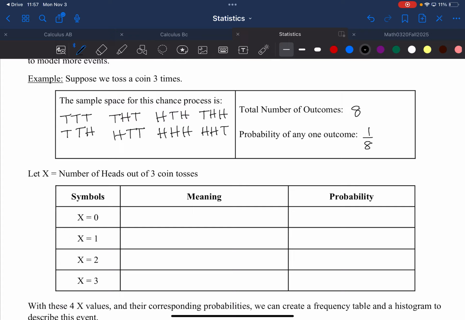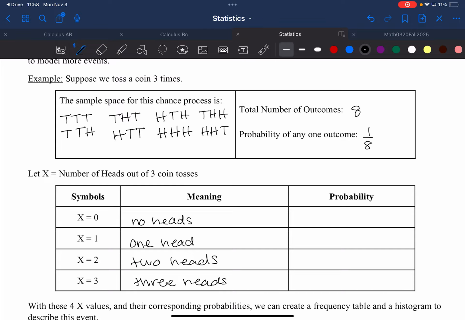There's no heads. What does it mean when x is 1? There's 1 head. What about when x is 2? 2 heads. And what about when x is 3? 3 heads.